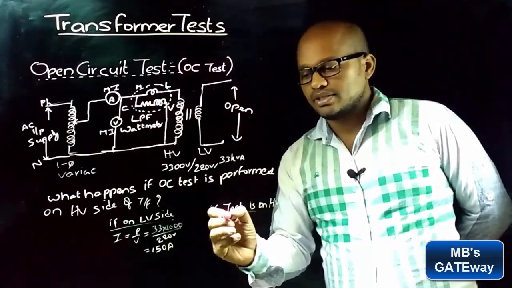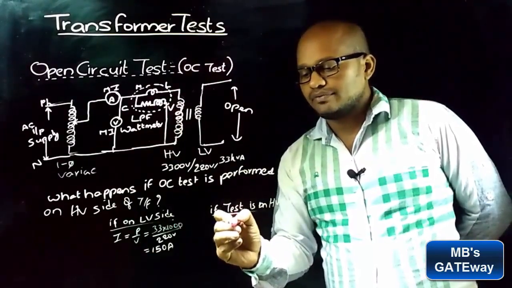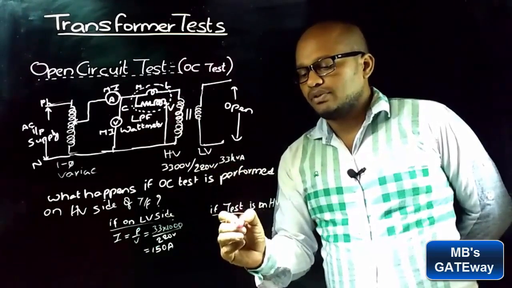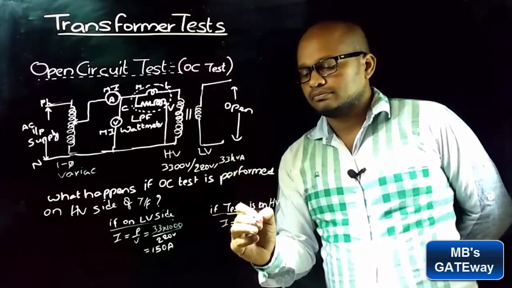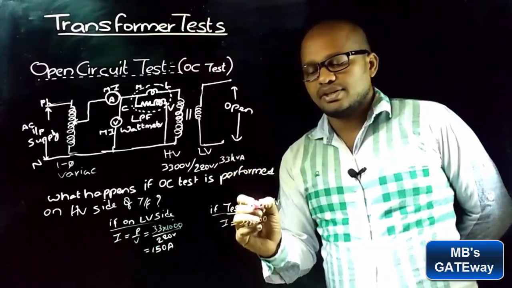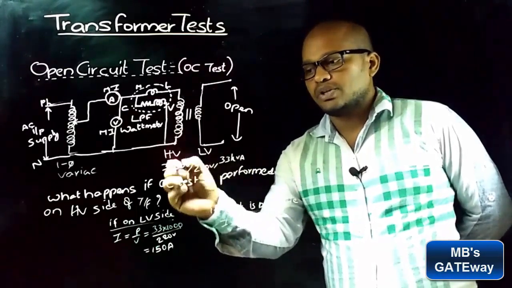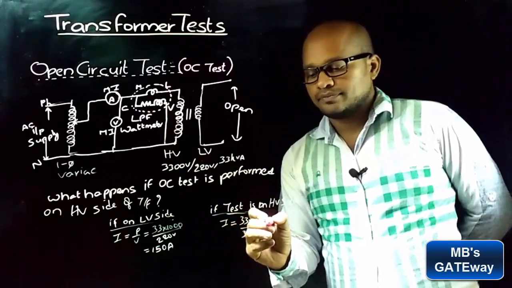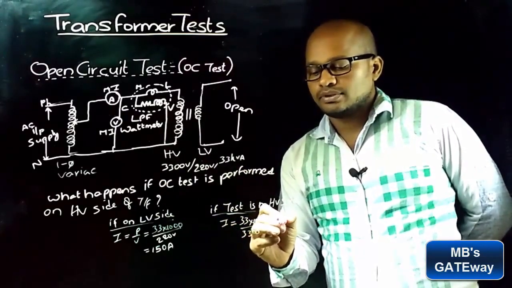And now come to this case. Here the rated current on the HV side is P by V, where P is the rating of the transformer and V is the rated voltage on the HV side. Rated voltage on the HV side is 3300 volts, which gives you 10 amperes.